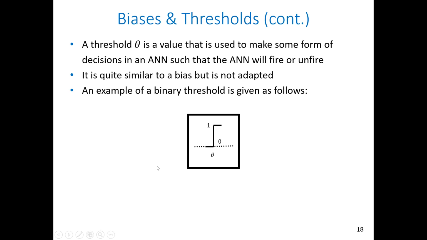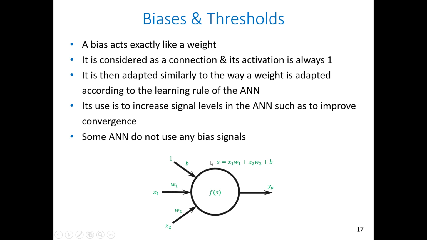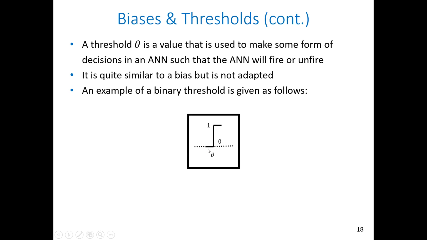This is an example of an activation function. It's called the binary activation function. You can imagine the x-axis is S, the summation of signals, and the y-axis is the output of our neuron. Whenever S is greater than or equal to theta, where theta is the threshold, our output is 1.